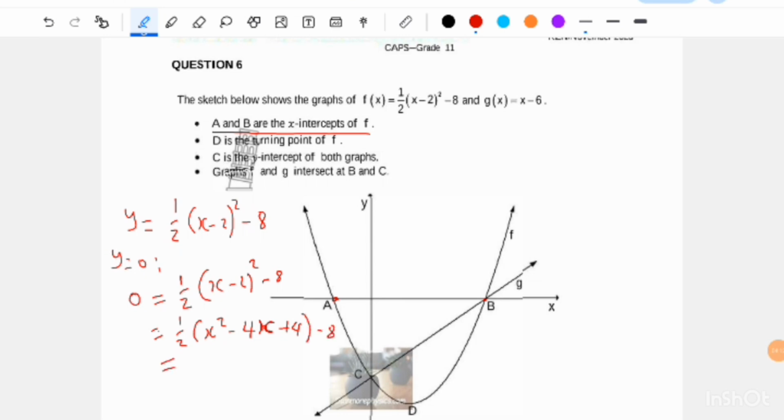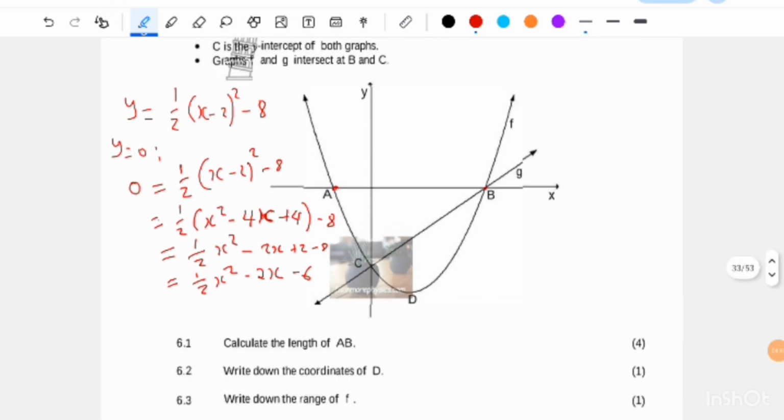Then from there, again, you focus on the brackets. It will be 1 over 2 x squared minus 4x times half, which is 2x, plus 2, minus 8. Therefore, that is 1 over 2 x squared minus 2x minus 6.